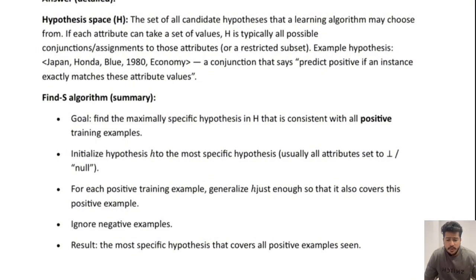Then for each positive training example, generalize H just enough so that it also covers this positive example. Ignore the negative examples, and the result is the most specific hypothesis that covers all the positive examples seen.